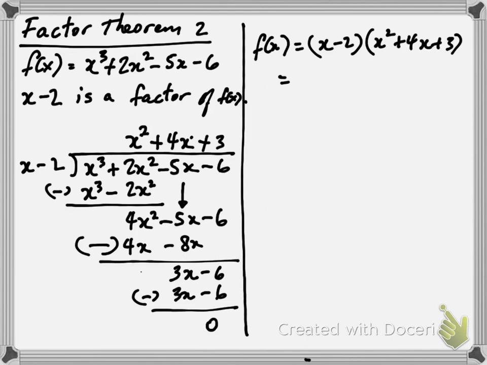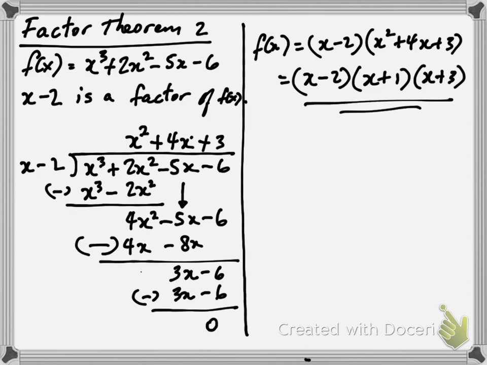And you can use your laws of quadratics and factorize the second bit. So it will be x minus 2 into x plus 1 and x plus 3, because the factors of 3 which add up to 4 are 1 and 3. And you have fully factorized a function.